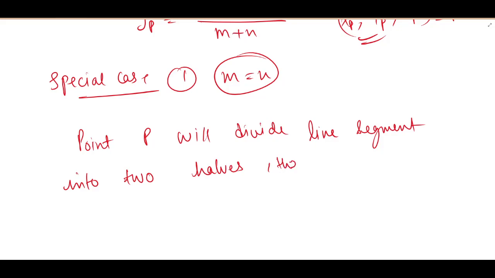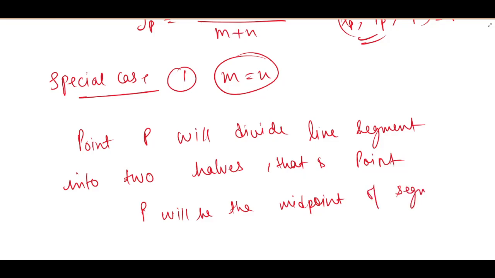That is, point P will be the midpoint of the line segment QR.